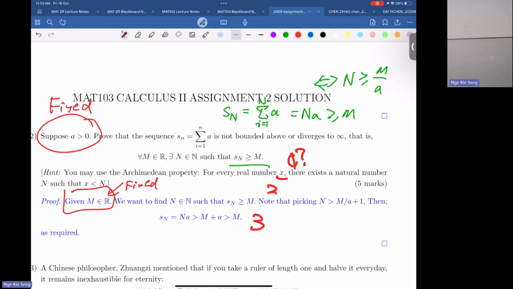No, 5 also can. If 4 works, 6 also can. But I don't care. I just care that such an N exists. I don't care what N it is. Isn't it nice? Very nice.